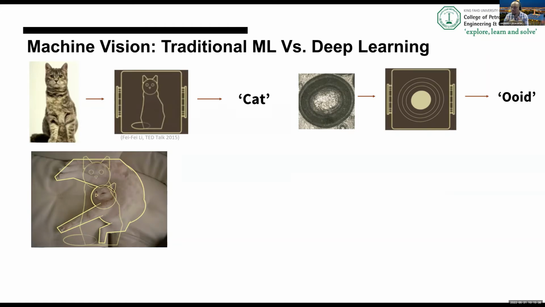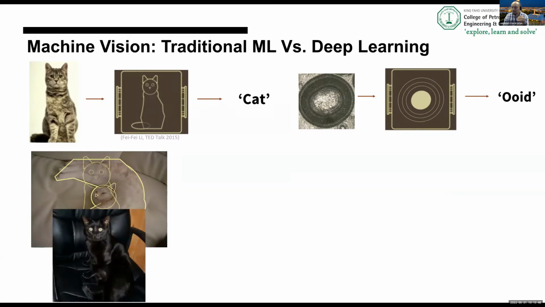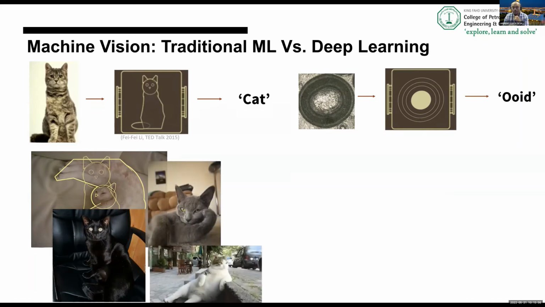Your previous rules don't work anymore. And as we know, there is an almost infinite number of possibilities for how a cat can appear in an image. For example, you may have very low contrast between the background and the cat itself, sometimes with a funny pose like this. So it becomes inefficient, right?